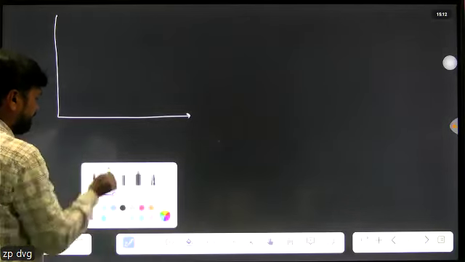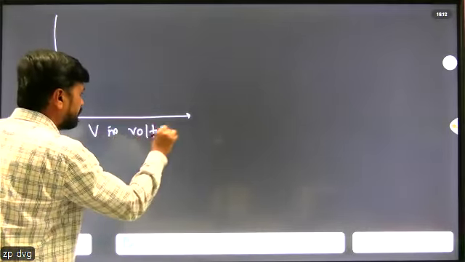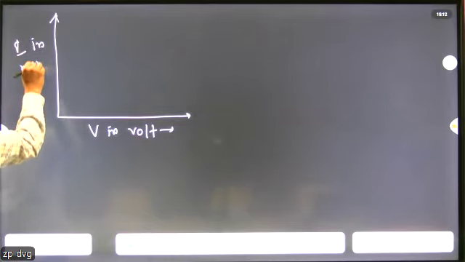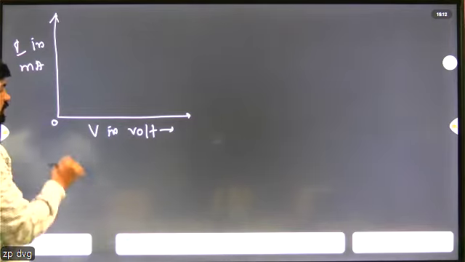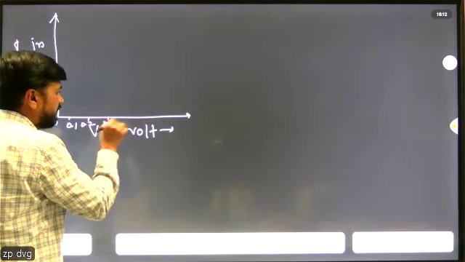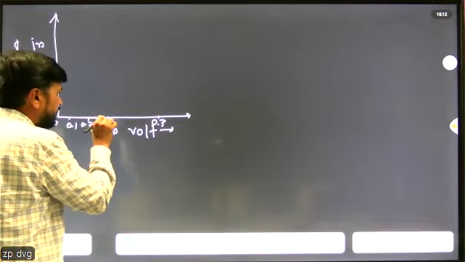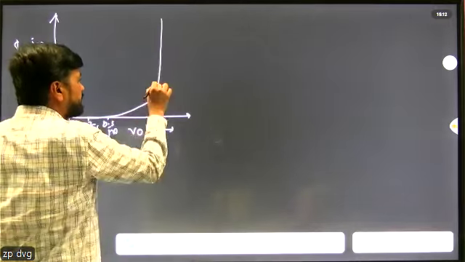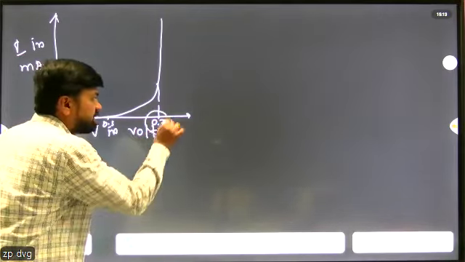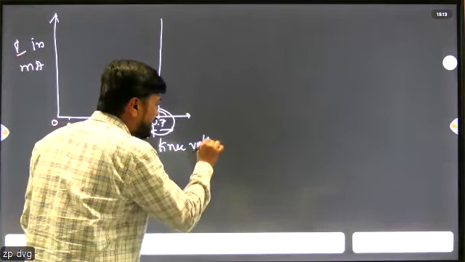In the x axis we consider V in volt, and in the y axis we consider I in milliampere. Increase the biasing voltage from 0, 0.1, 0.2, 0.3 and 0.7, and the current also increases. Once it reaches the particular biasing voltage at which current increases what? Exponentially. This biasing voltage, name it as which voltage? Knee voltage. In which bias?